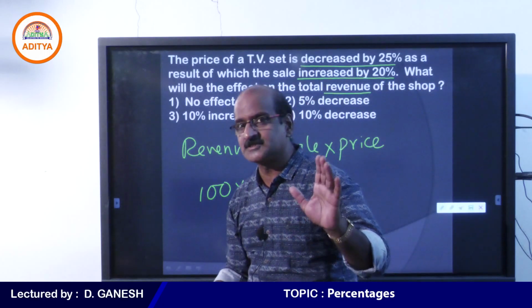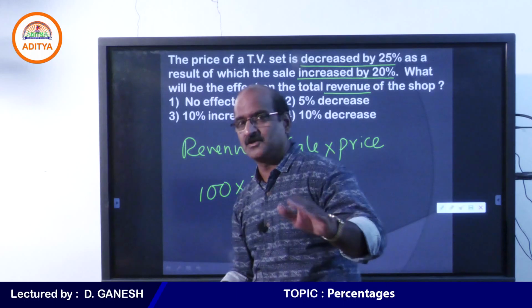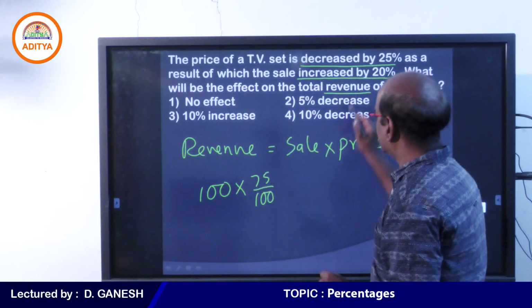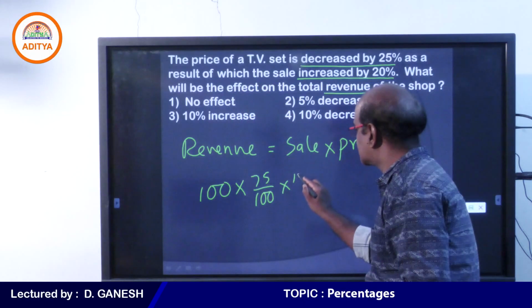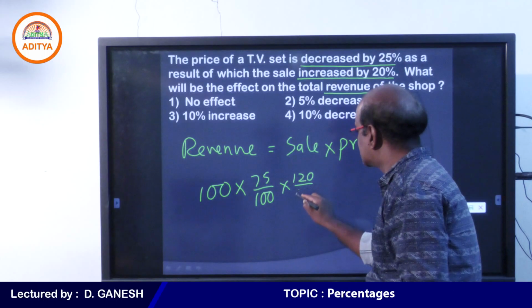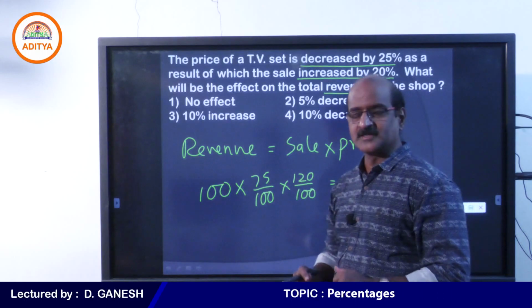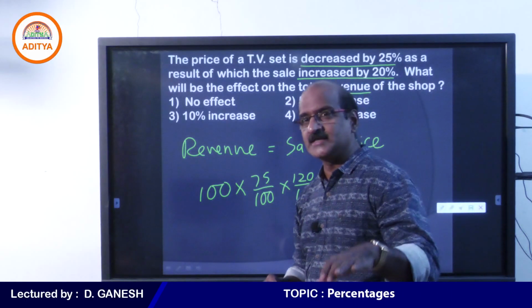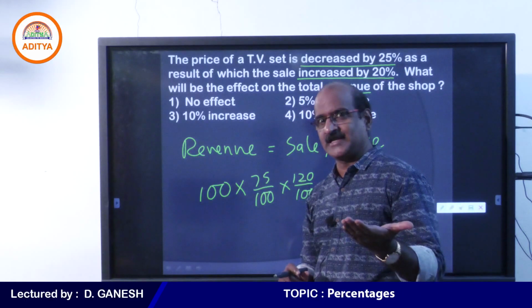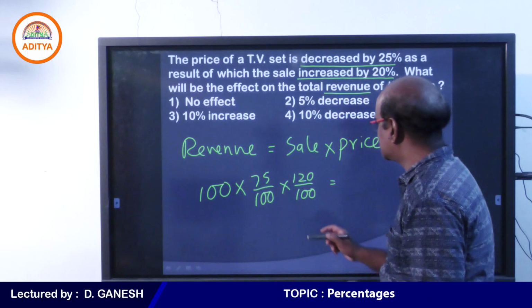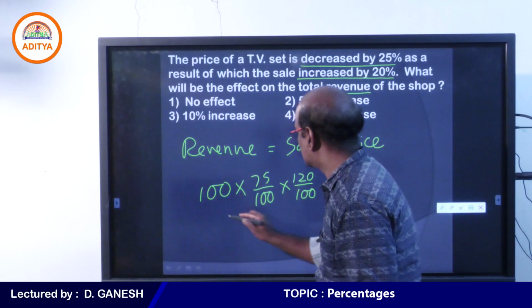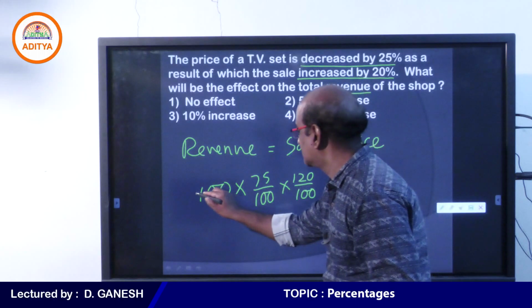Price reduces by 25%, and now the sale increased by 20%. Price decreases, at the same time sale increases. Come on, students, after having these two, let us see what is the change.